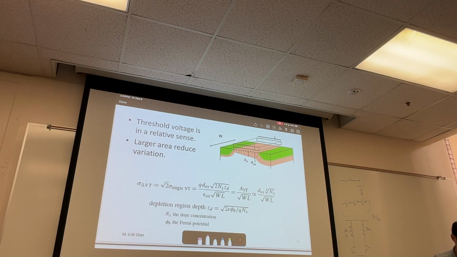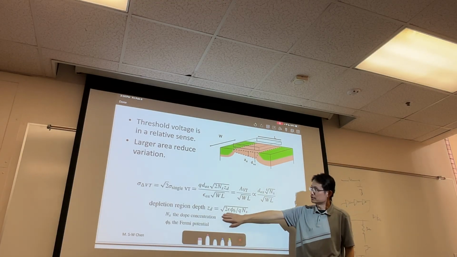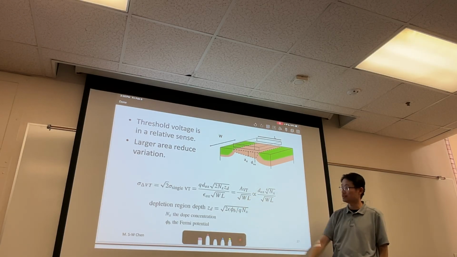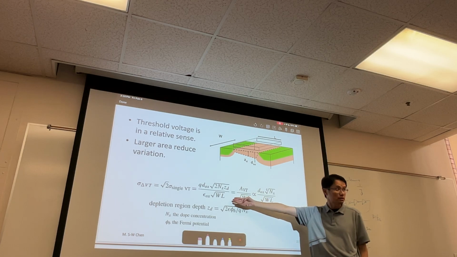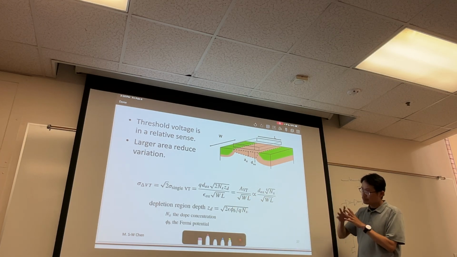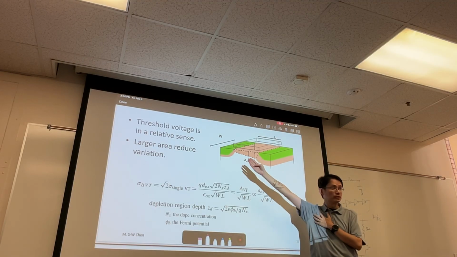The threshold voltage depends on the doping concentration, oxide thickness, permittivity, W and L, and all of these come into play to affect the variation on the threshold voltage.